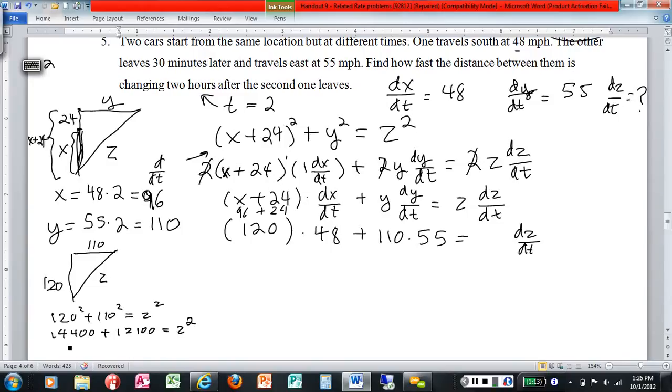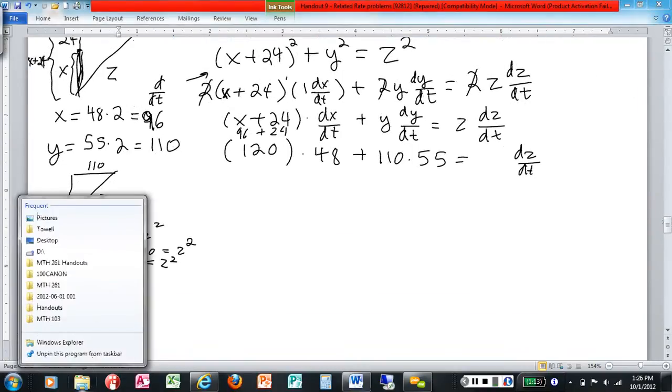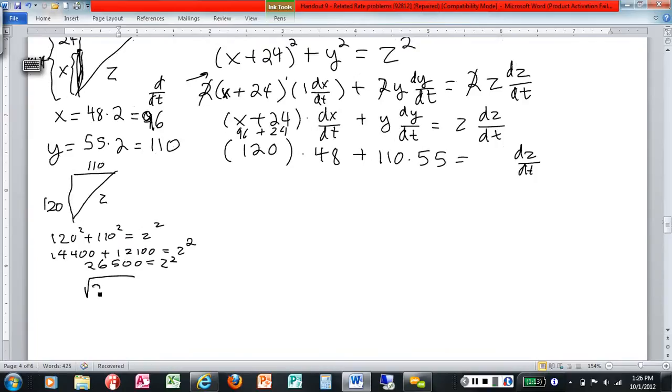That equals z squared, so add the 14,400. 26,500 is z squared. And so z is the square root of that. And let's just leave it as the square root of 26,500. We'll round it off here in a minute. With me okay? Did I do that right? z is the square root of 26,500. Put that up here in our little equation.